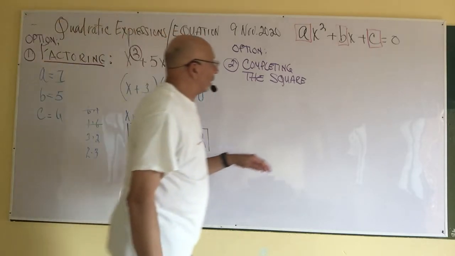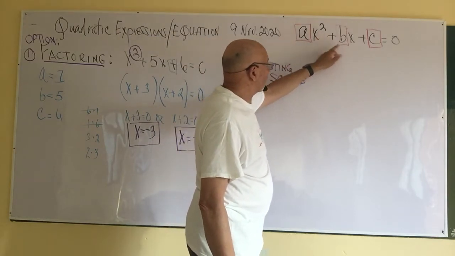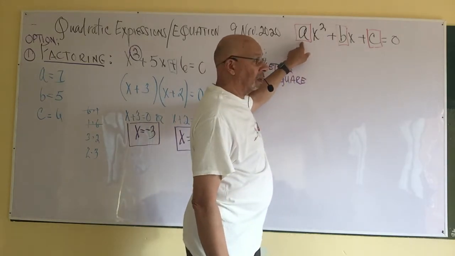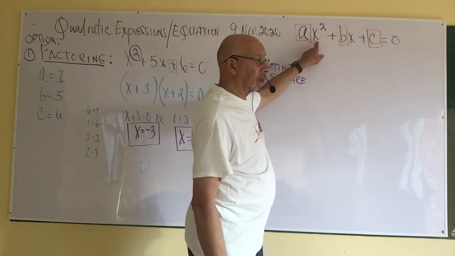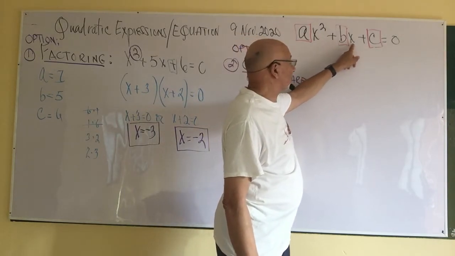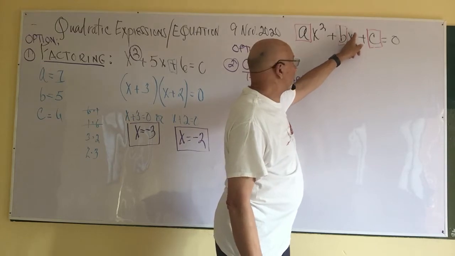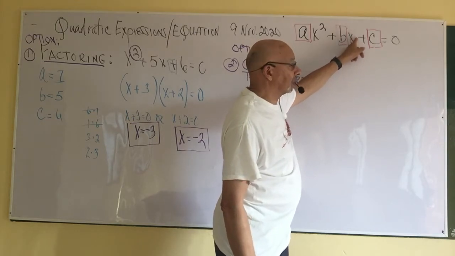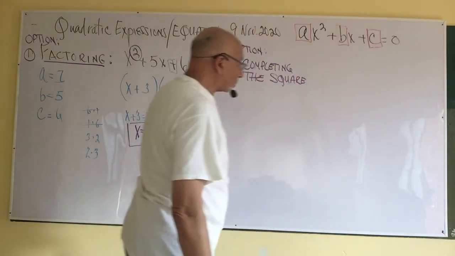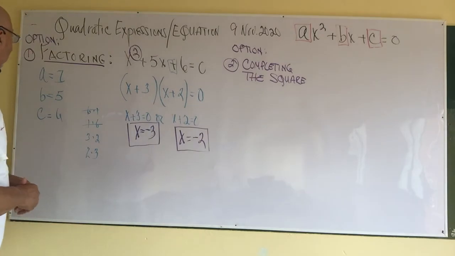The standard form is ax squared plus bx plus c, where a is the coefficient of the squared term, b is the coefficient of the single variable without a square, so the exponent is 1, and c is the constant. That will make sense as we come back to it.